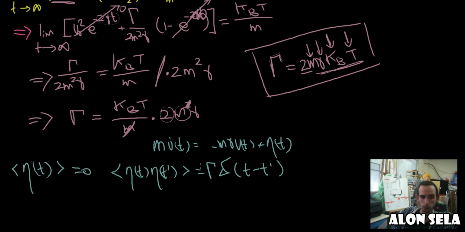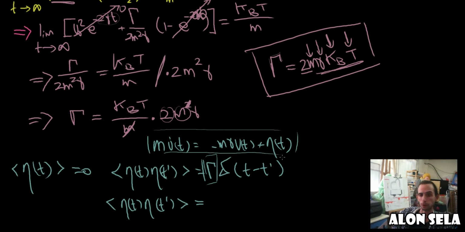And now we found an expression for this Gamma, so basically we are saying that if we want the Langevin stochastic differential equation for the particle's velocity to have statistical properties equivalent in the long run to the Maxwell distribution, we must demand that the autocorrelation function be of this form.